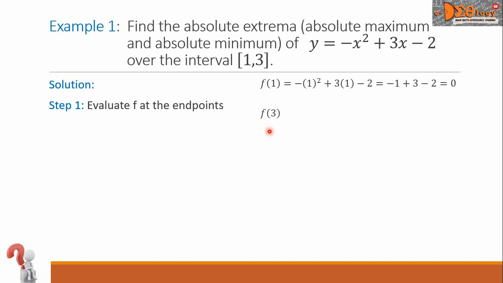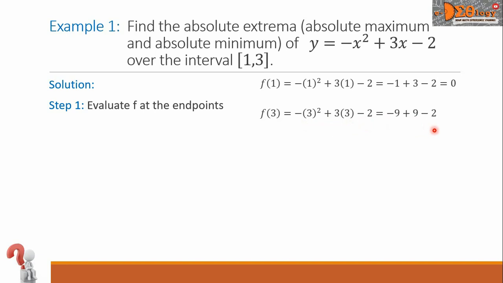Then f of 3. And this is equal to the negative of 3 squared plus 3 times 3 minus 2. The negative of 3 squared is negative 9 plus the 3 times 3 is 9, then minus 2.